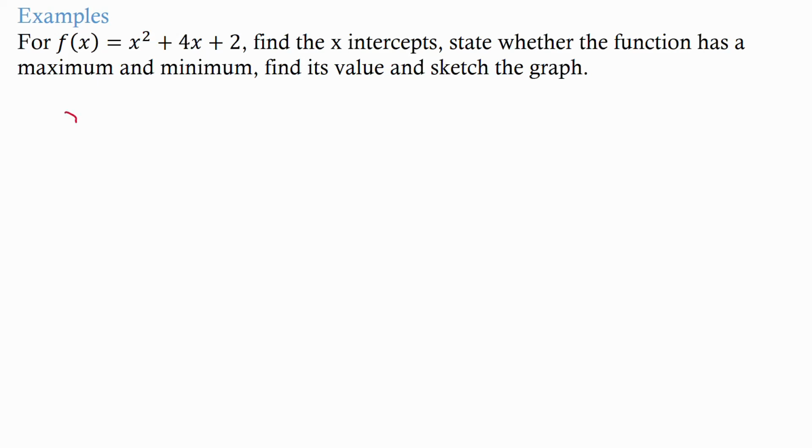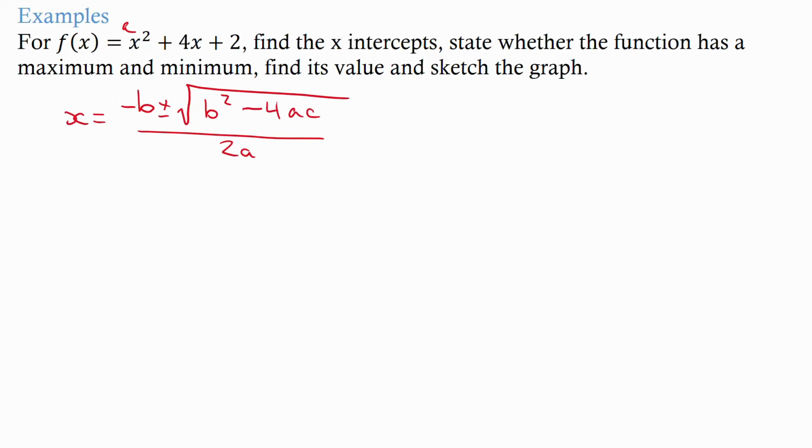If you don't remember, the quadratic formula is that, where your a value is the coefficient of x squared, then b, and then c. You do your substitutions in, and remember it's plus or minus here, so you do one with a plus and one with a minus.